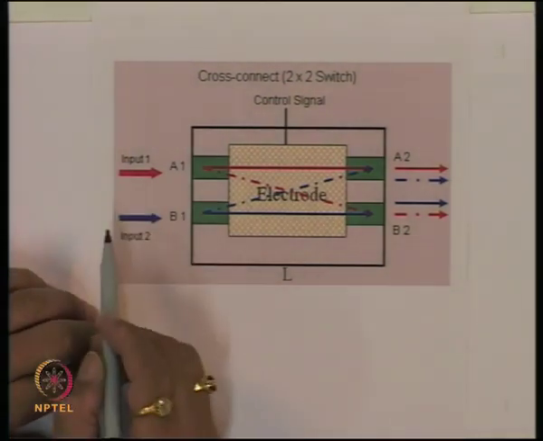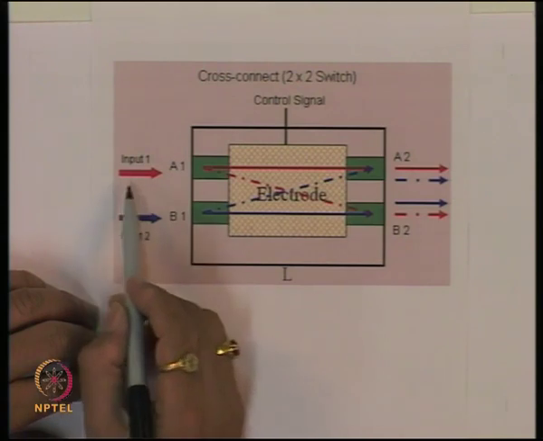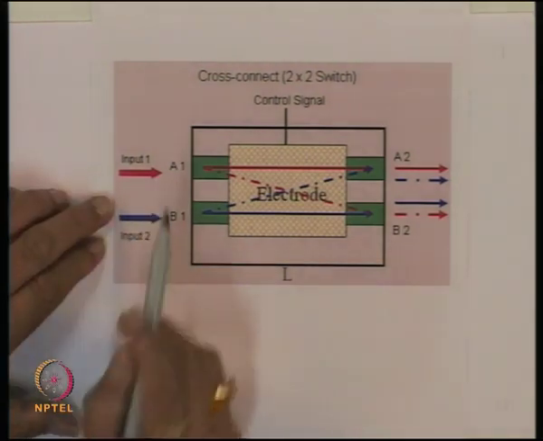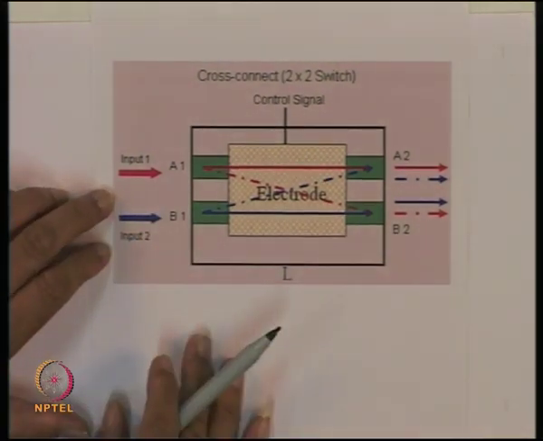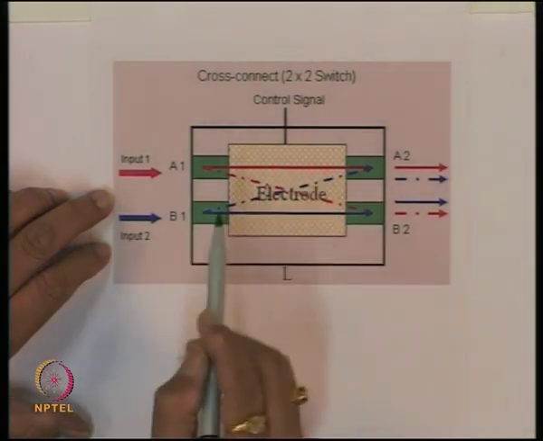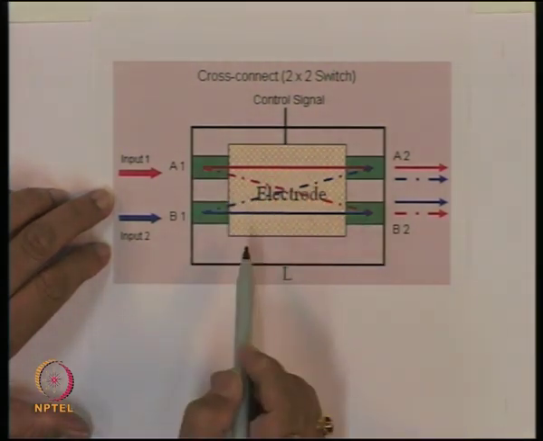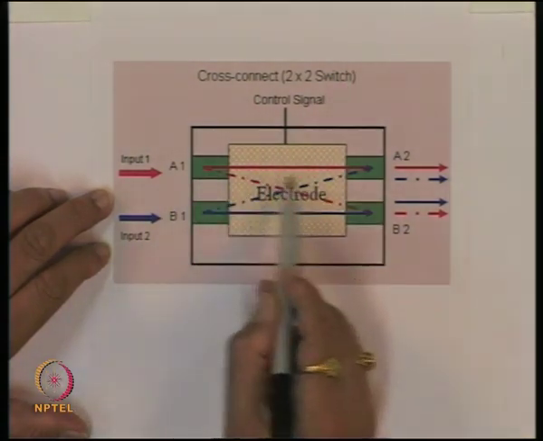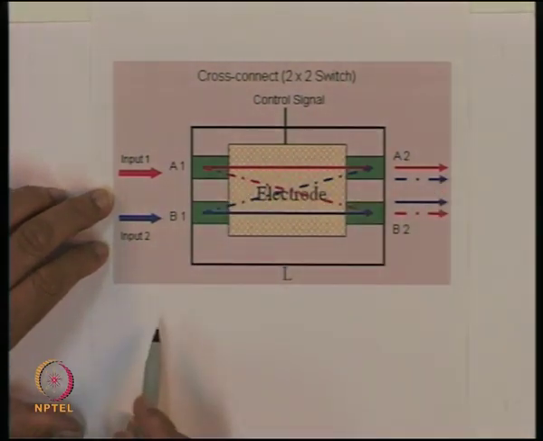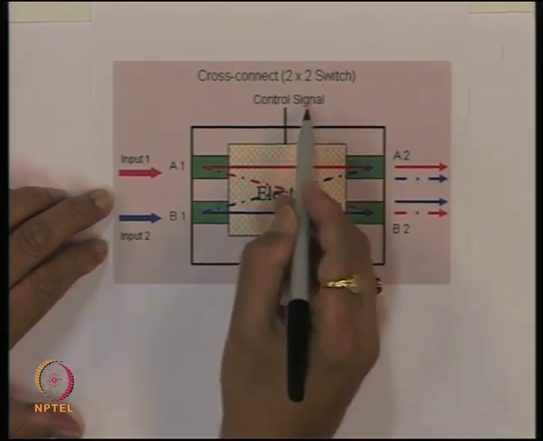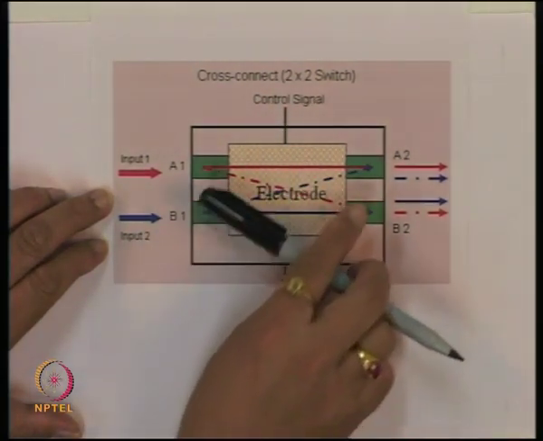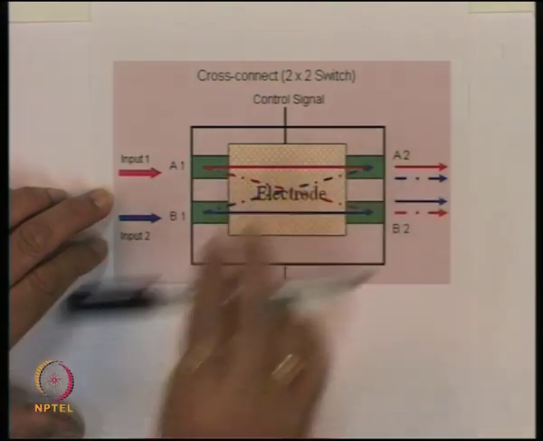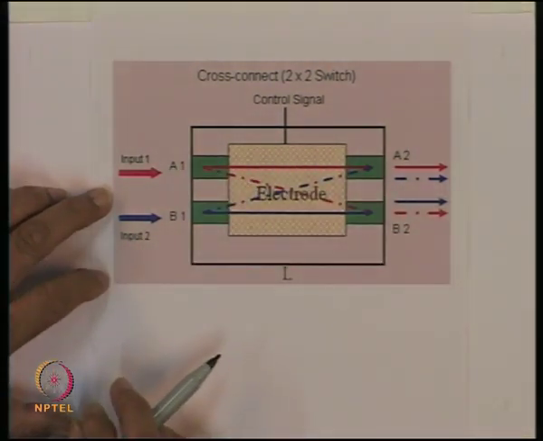So, again the idea is the same. This is the input which you are giving here, red input. Now, if the control signal is such that this gets connected to this, and when the control signal is not applied, this will get connected straight to this. So, by changing the control signal, I can connect to this port or this port. That was the thing which we saw for multiplexing.